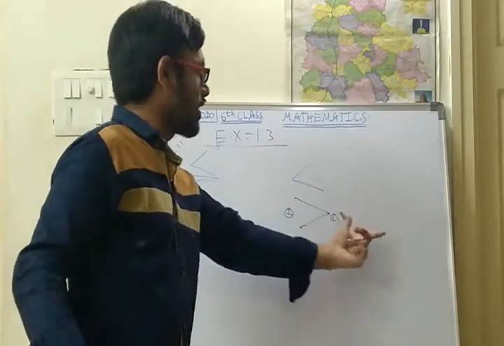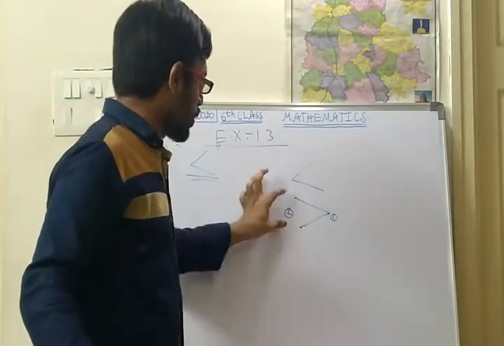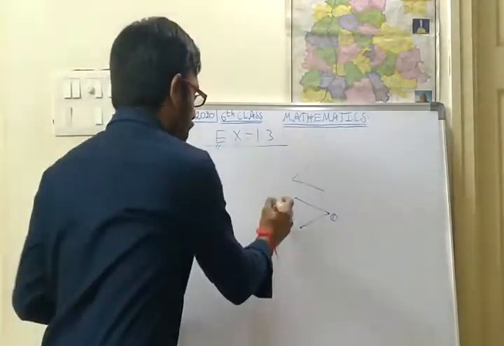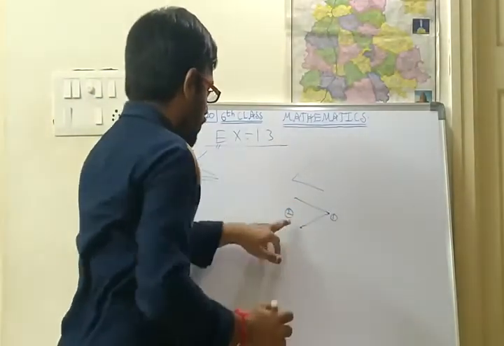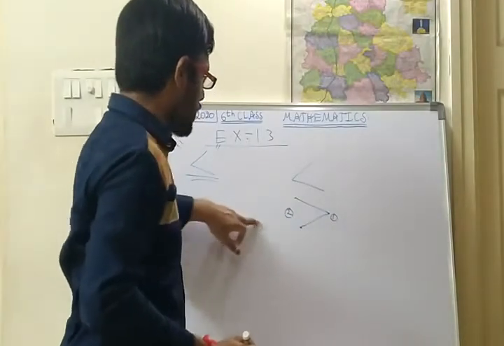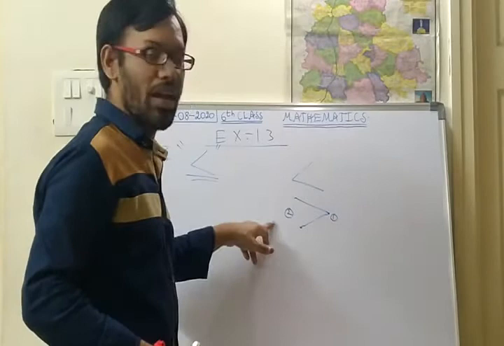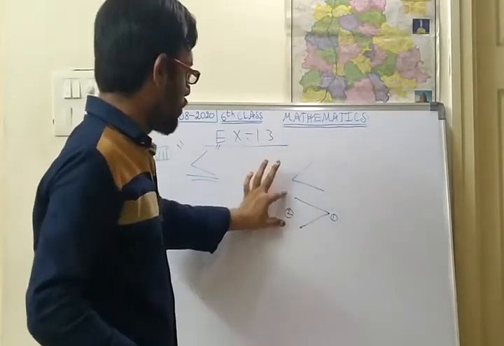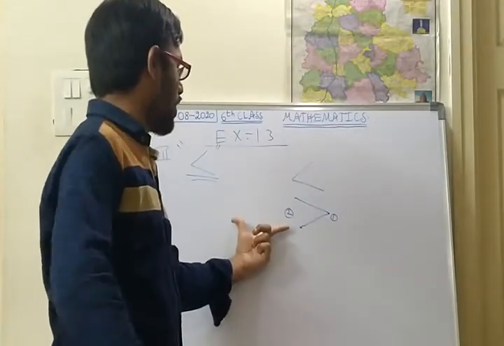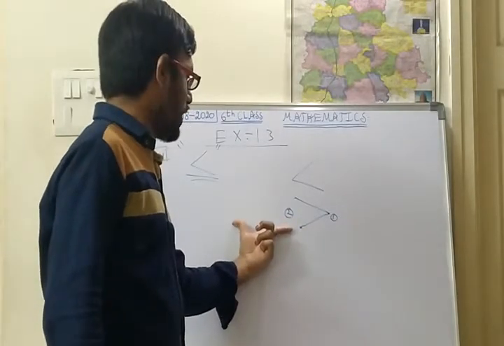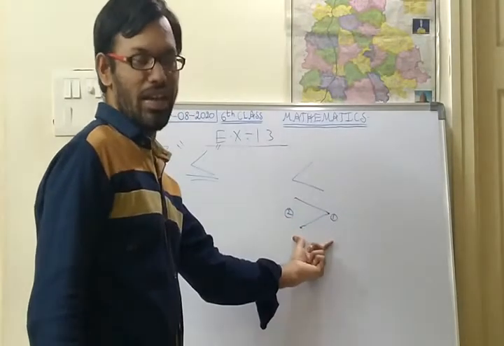Here two dots are there, and 2 is greater than 1. So whatever number we write at the left side should be the greater, bigger number. That is why this symbol is called the greater than symbol.